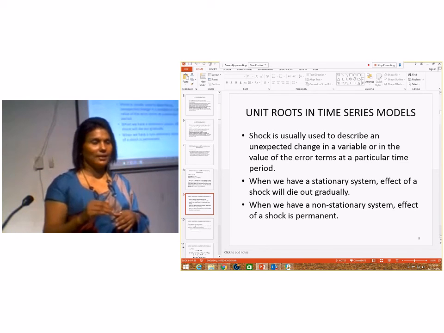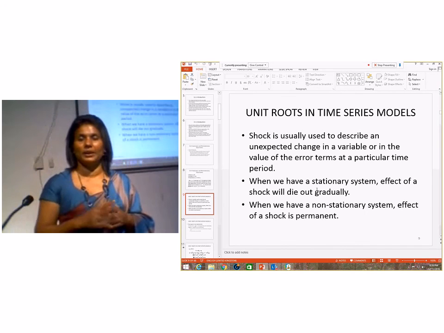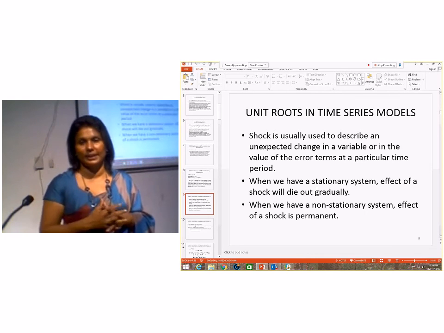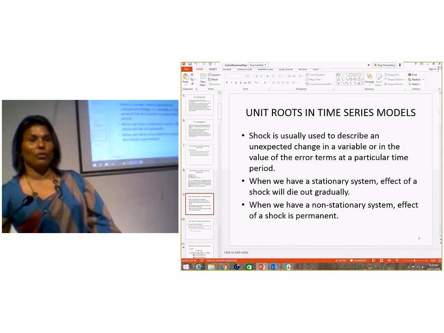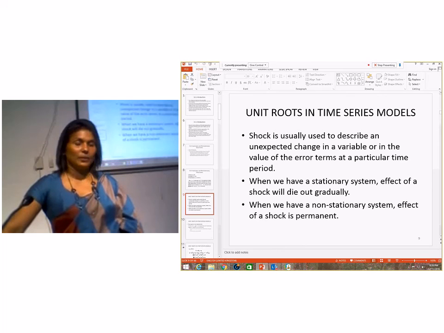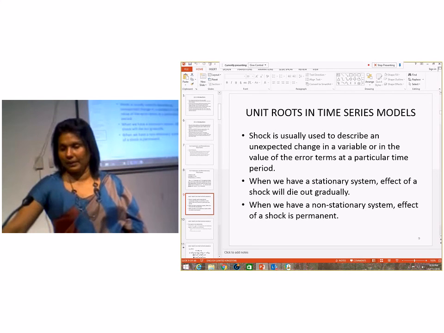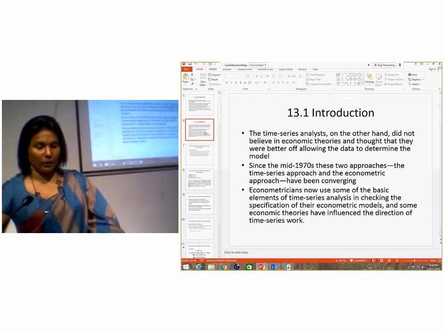Otherwise, your results are based on these unexpected changes. That's why it is very important when using time series analysis, we need to remove these unexpected changes.